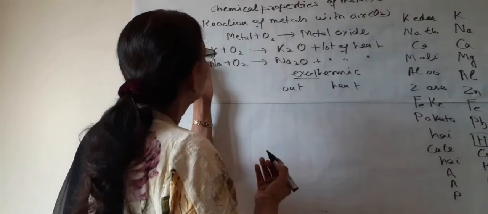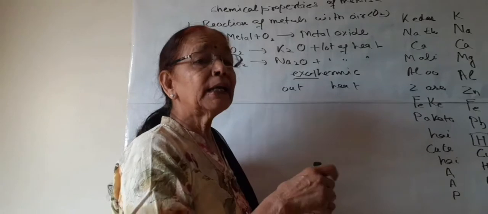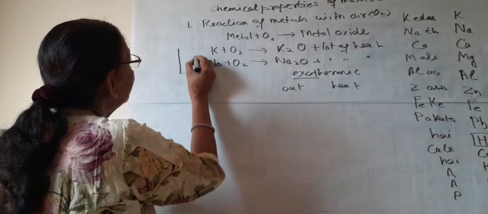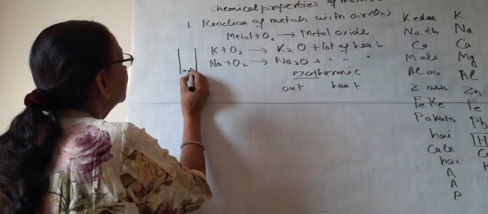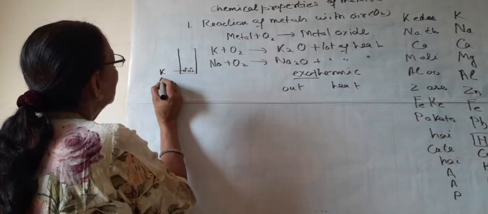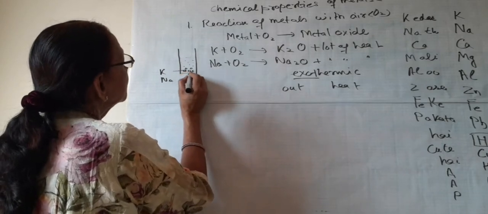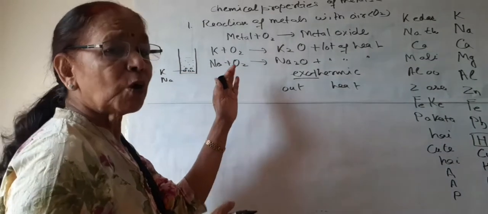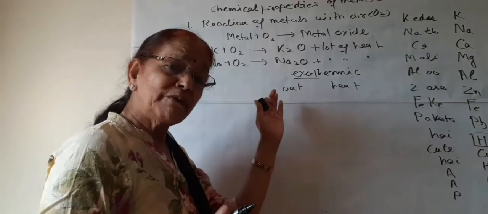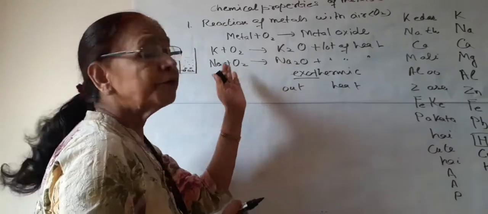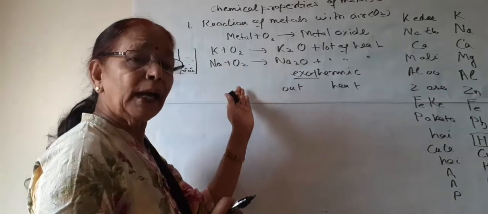That's why sodium and potassium are kept in kerosene for safety. These are sodium and potassium, and this is kerosene oil. They are not kept in water because they react vigorously with water. We will see that now. They react with oxygen or air also.